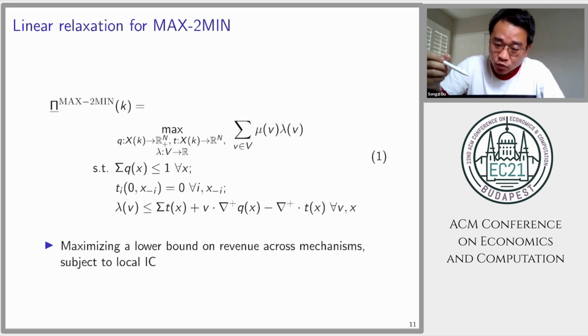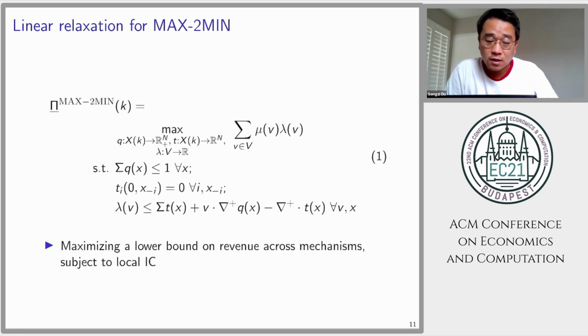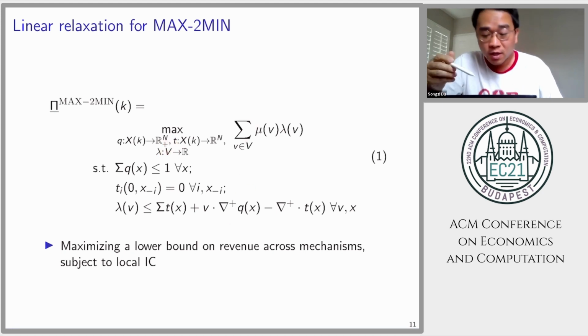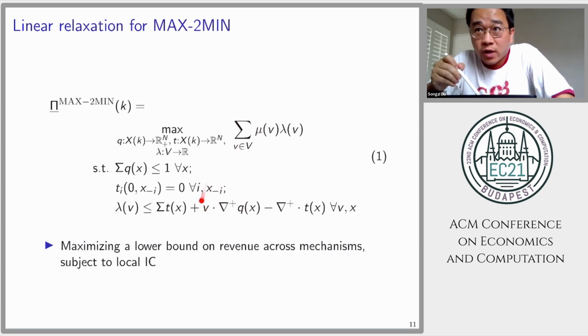With these notations, we can now define, first of all, the linear relaxation to the seller's problem, the max to min problem. So we are maximizing over allocation and transfer, and this lambda, I will explain what it is. First, I will explain in the next slide the meaning of this linear relaxation.